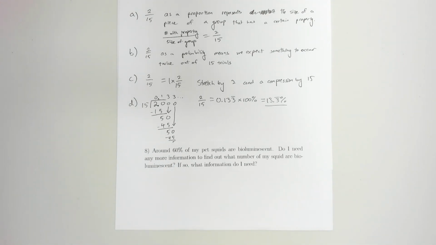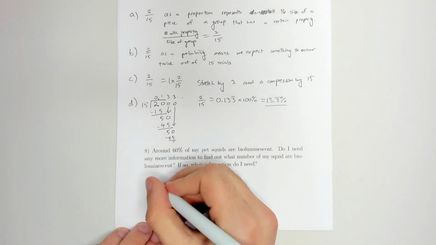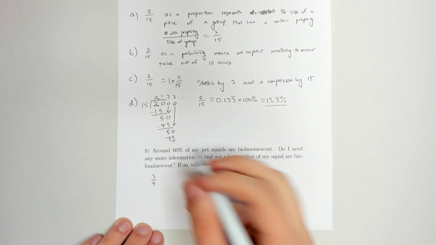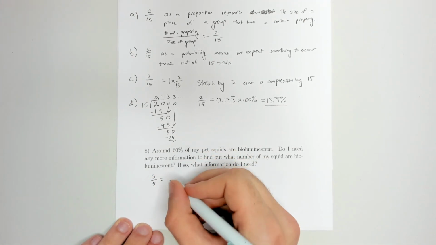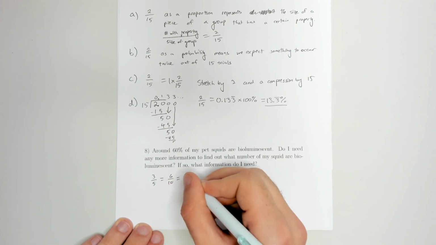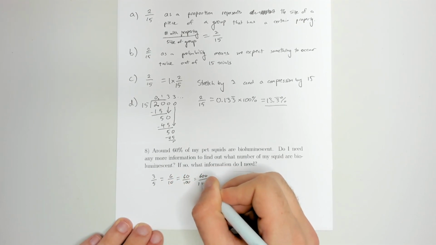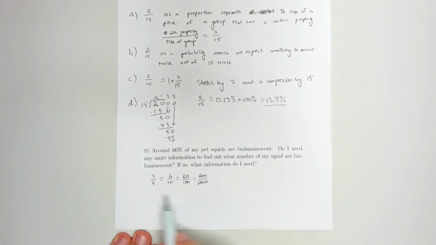So just knowing 60% of my squids are bioluminescent doesn't give me enough to know how many squids I actually have, because I could have 3/5 of my squids being bioluminescent. I could have 6/10. I could have 60/100ths. I could have 600,000ths, right? All of these different numbers represent 60%.